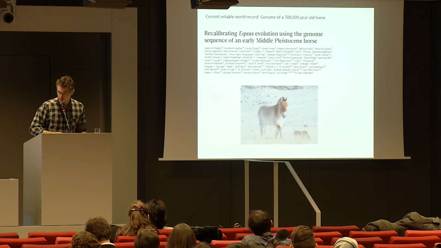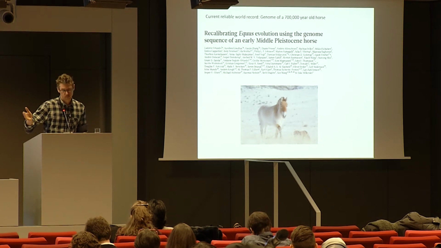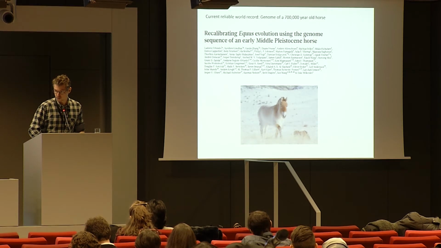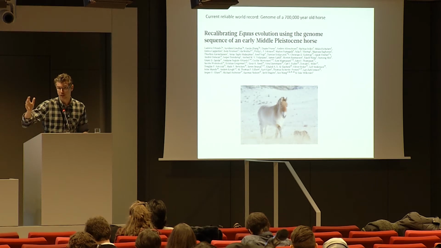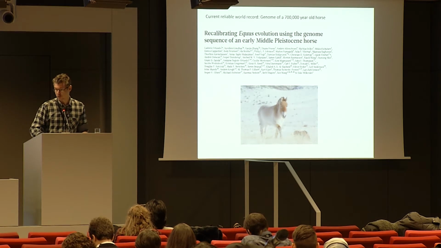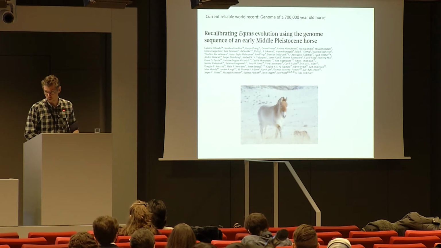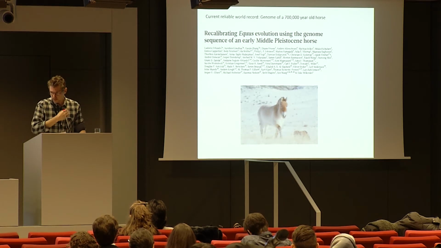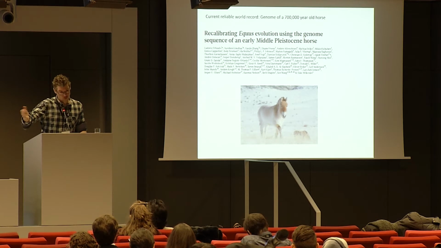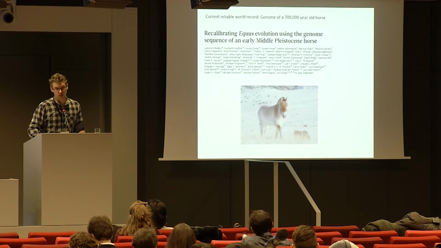This, I would say, is the current reliable world record. The genome that was published a few years back now of a roughly 700,000 year old horse, I think they say between 500 and 800,000. It's difficult dating that old material. It had its whole genome published. And not surprisingly, this was found in northern Alaska, where it has been buried in cold for this entire period.